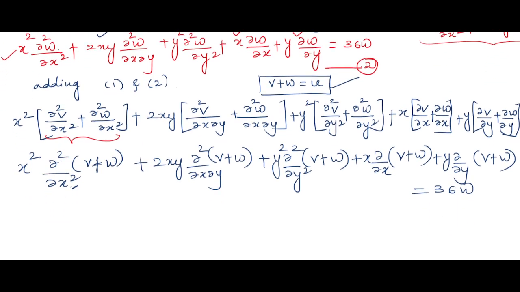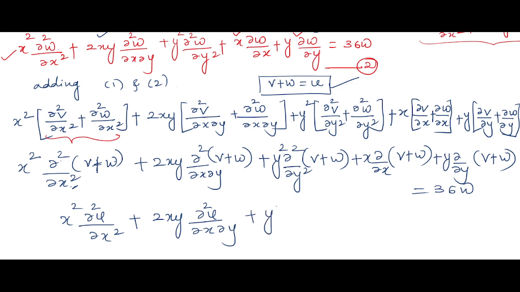Here we know that v plus w is u. So x square ∂²u/∂x² plus 2xy ∂²u/∂x∂y plus y square ∂²u/∂y² plus x ∂u/∂x plus y ∂u/∂y is equal to 36w.